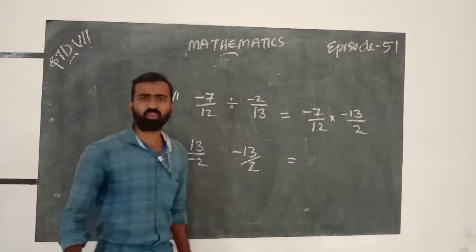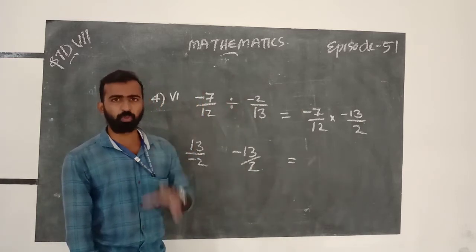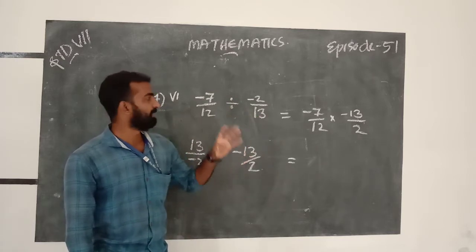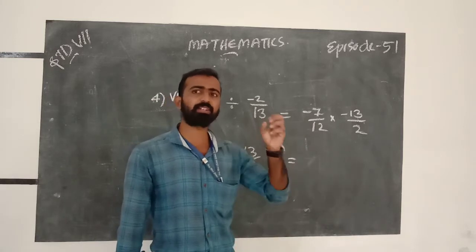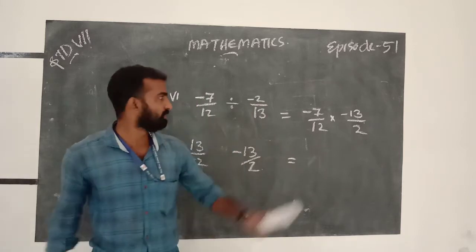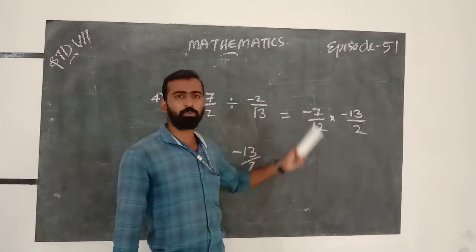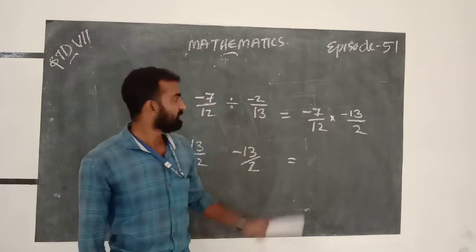What is the process of multiplication? We take the product of numerators and the product of denominators. Which is the numerator? The numerator is the upper side, and the lower side is the denominator.